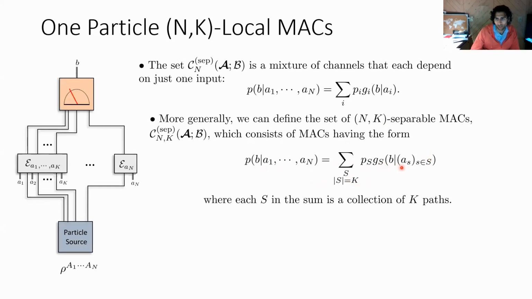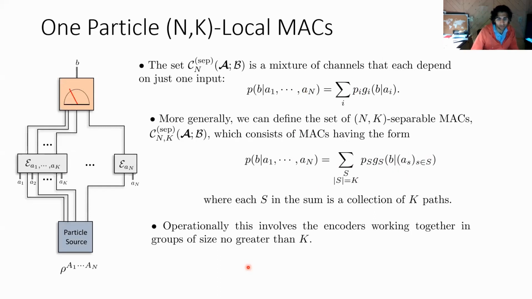And you allow the channel to depend on just the inputs from those parties. So you can see this generalizes this here. And then operationally, you can think of this as like encoders working together in groups of size no greater than k.